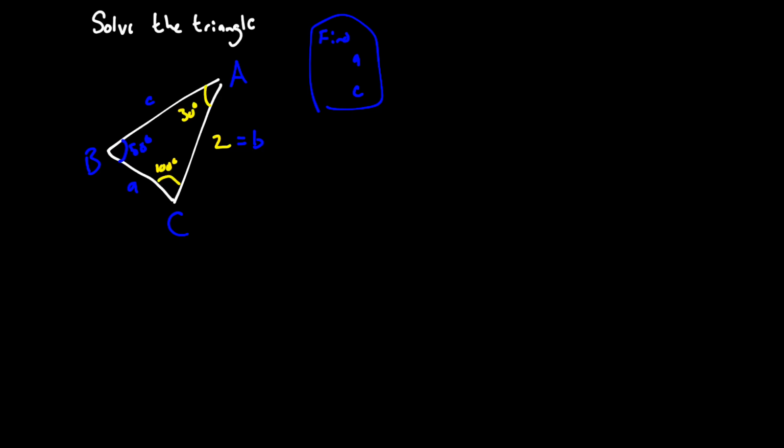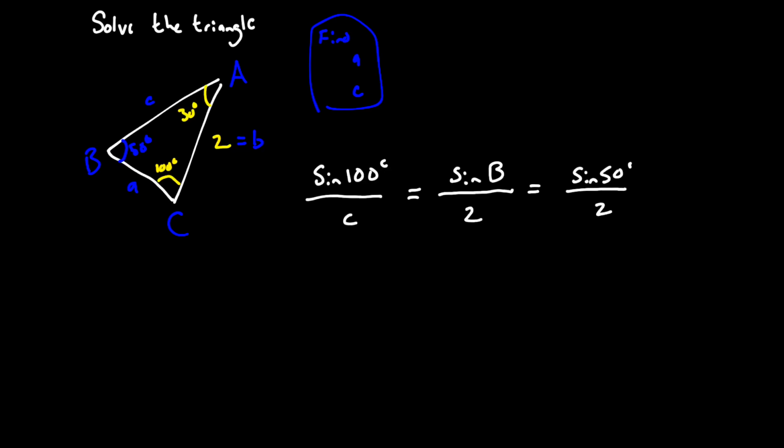To do this, we're going to use the law of sines. We know that sine of 100 degrees divided by side c is going to be equal to sine of angle B divided by side b. Well, we found what the angle B is equal to. This is going to be sine of 50 degrees divided by 2.